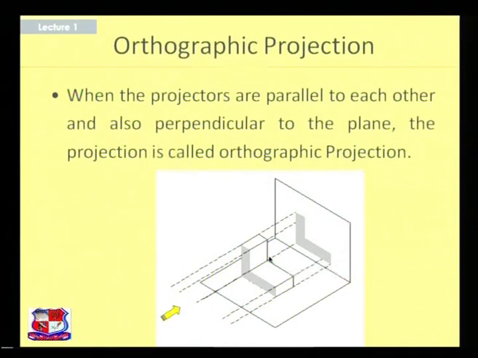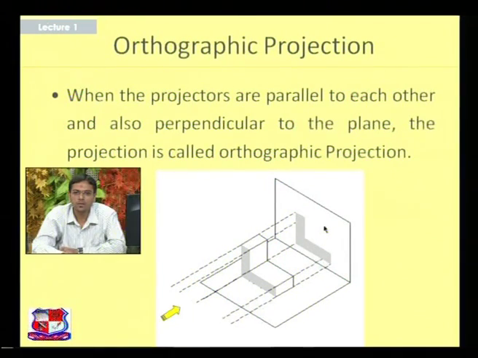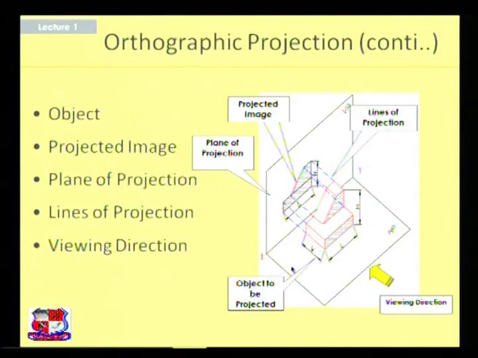Means if we are watching in the front view, then the image of the front view is projected on the particular plane, in the opposite plane, as we can see in this case the vertical plane, and also the different dimensions of the particular object can be easily obtained from these orthographic projections.